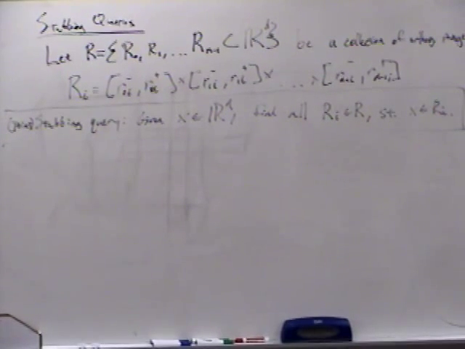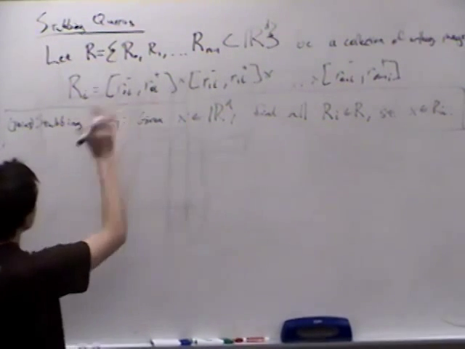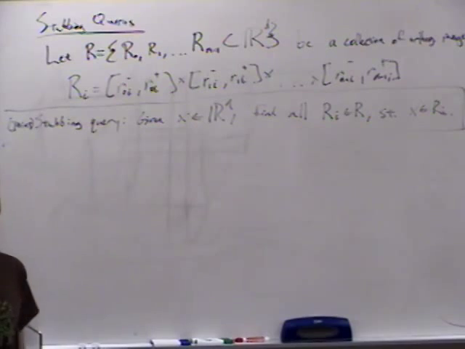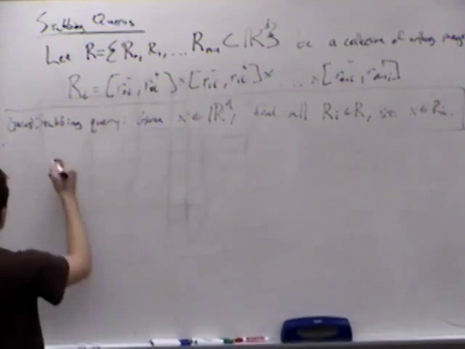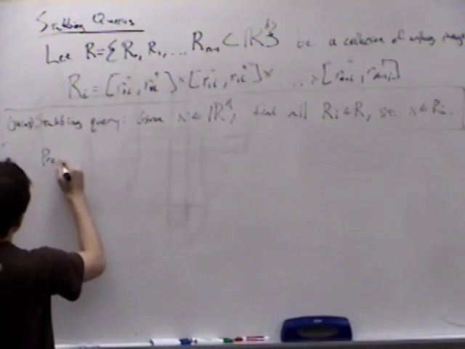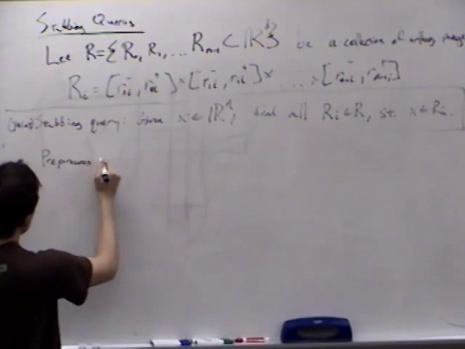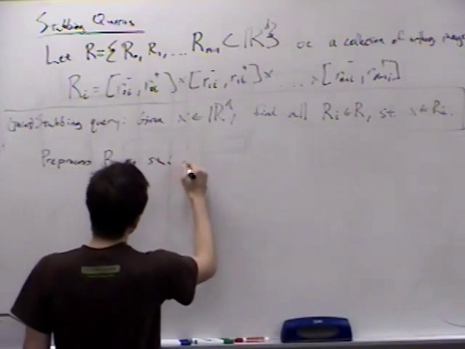What we would like to do is pre-process all of these Ri's into some kind of data structure which will support fast stabbing queries.